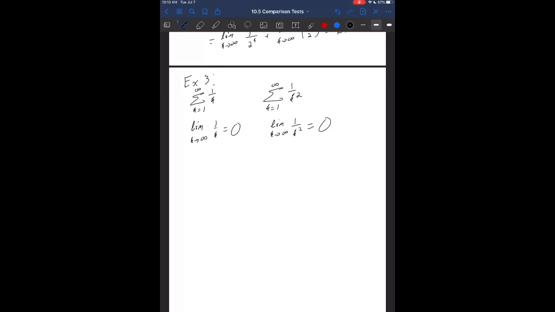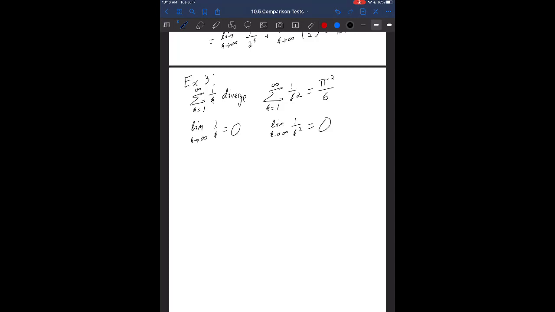And this is very important. This is actually one case where one of these series is going to converge and one of them is going to diverge. So in particular, we know that this one is going to diverge. And this one actually ends up being equal to pi squared over 6, which is something we're not going to prove right away.